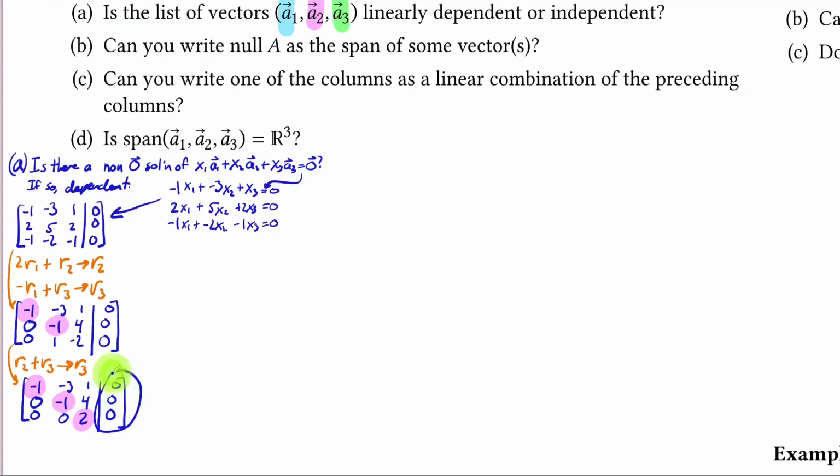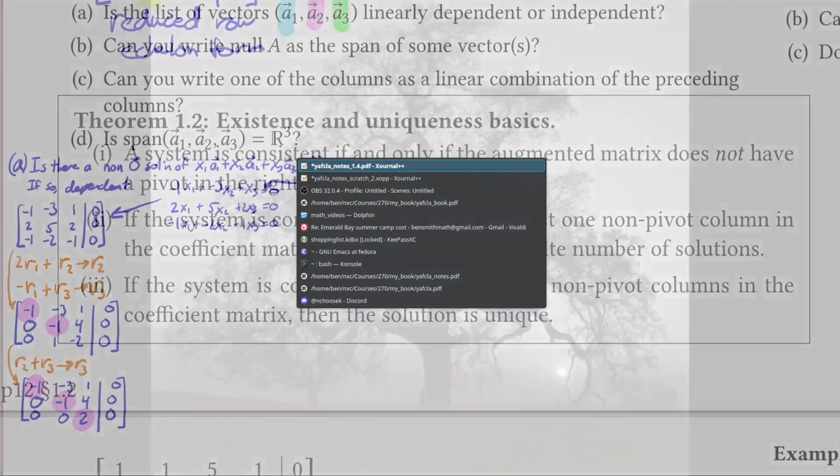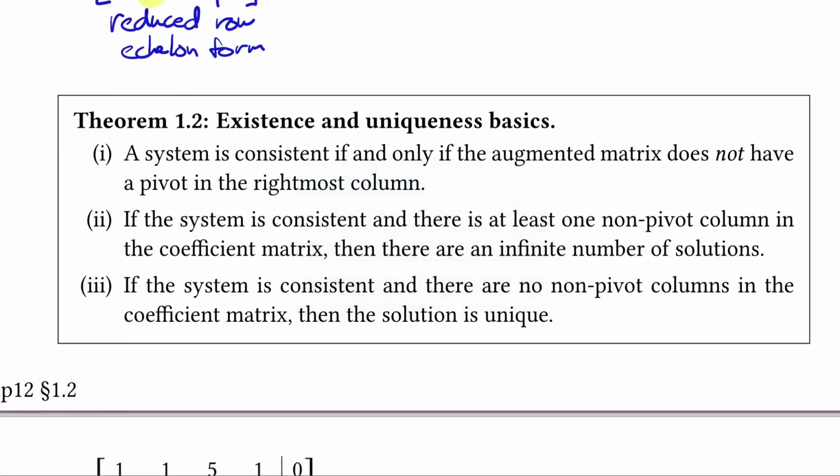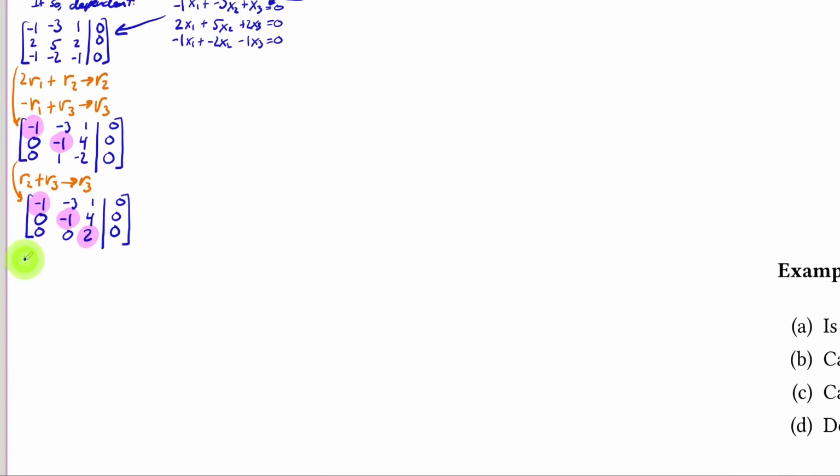If the rightmost column is all zeros, there's no way to have a pivot there. So it's definitely consistent. Homogeneous systems with zeros over here are always consistent. Do we have no non-pivot columns? Yes, we have no non-pivot columns. So the solution is unique.